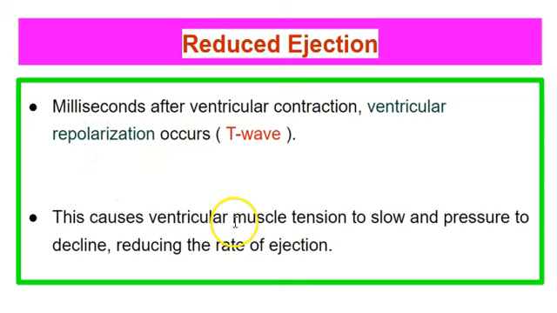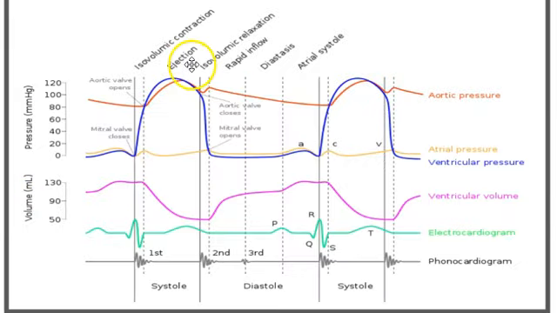This causes ventricular muscle tension to slow and pressure to decline, reducing the rate of ejection. And we've seen that right here, where it's starting to decline a little bit, in this phase right here. We haven't entered the isovolumic relaxation phase yet, but we're getting there.